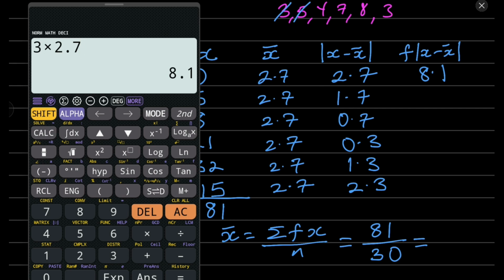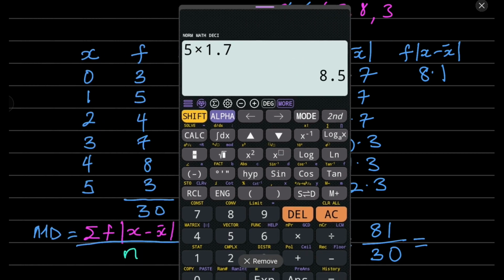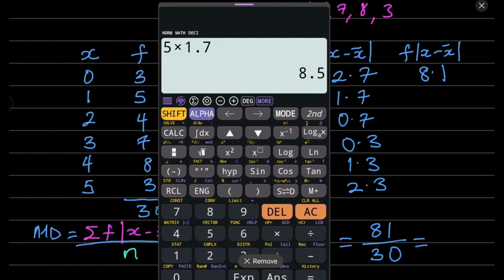So we have 5 times 1.7. Let me center this so we can see them. 8.5.